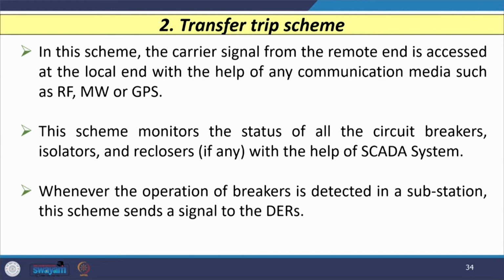This scheme monitors the status of all the circuit breakers, isolators and reclosers if any with the help of supervisory control and data acquisition system. Whenever operation of breakers is detected in a particular substation, this scheme sends a signal to the distributed energy resources or distributed generators.